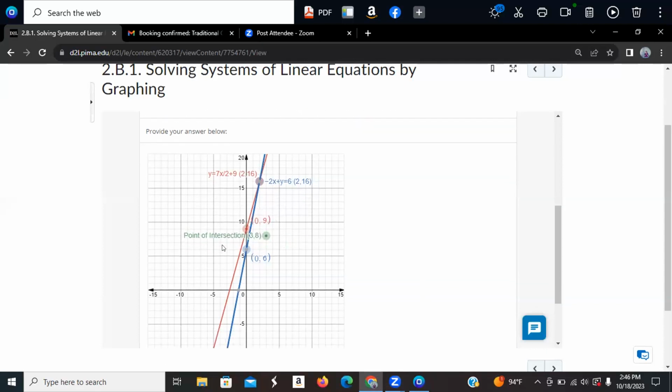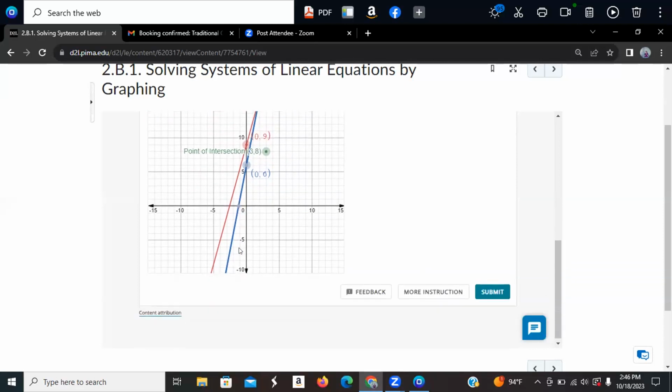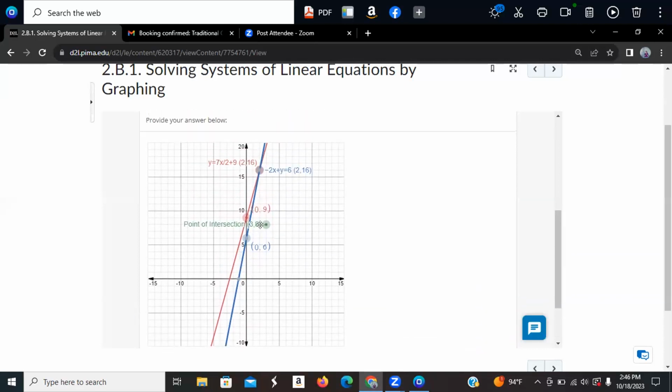Does this one want you to, if you want to scroll down, does it want the intersection point? Nope. You got it then. Good job.